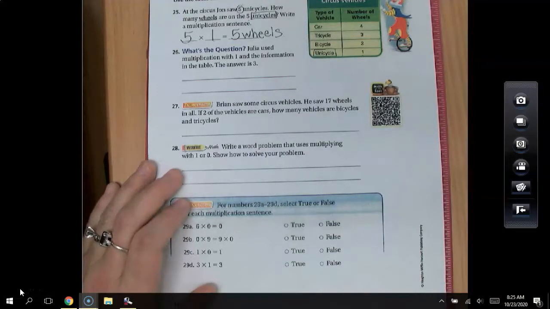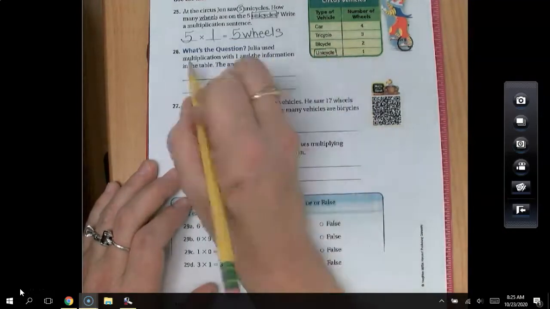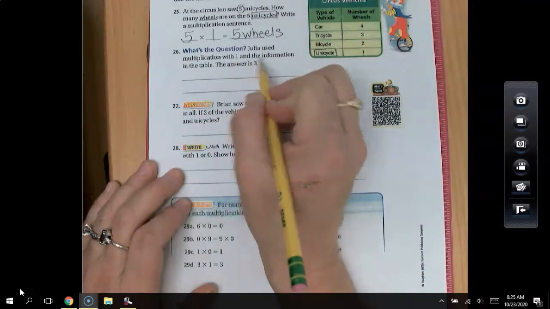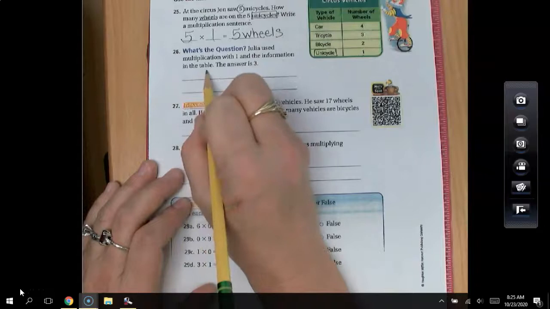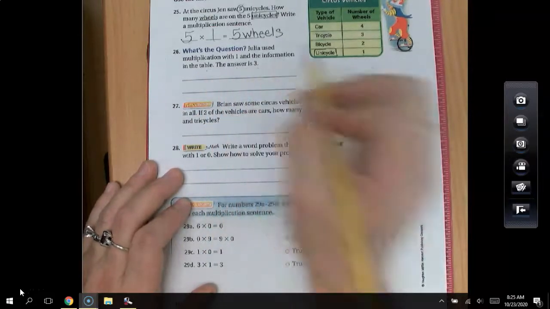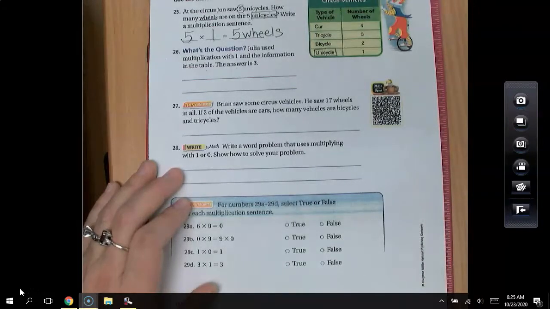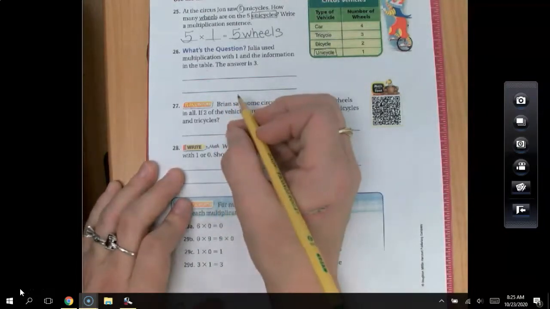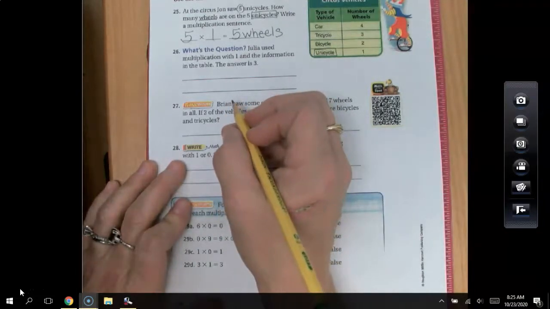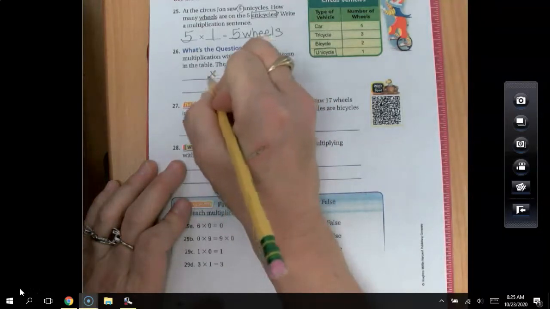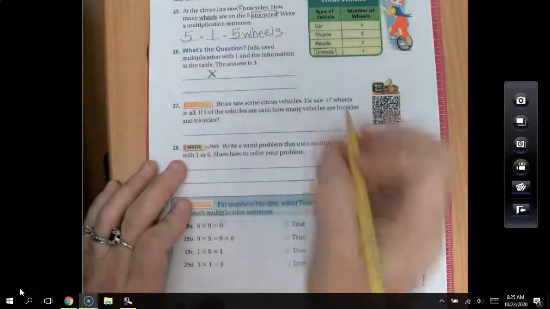Okay, it says Julia used multiplication with 1 and the information in the table. The answer is 3. Oh goodness. It's kind of like the missing factor. So it's saying Julia used multiplication with 1. So let's set up the multiplication problem.